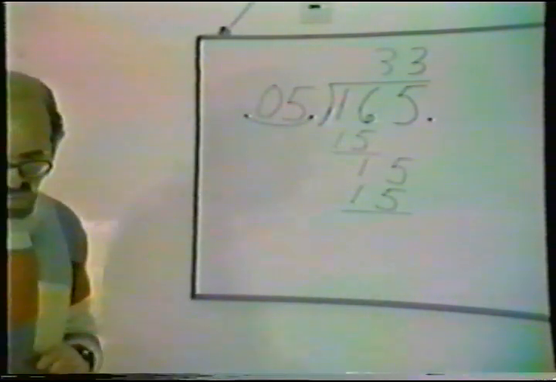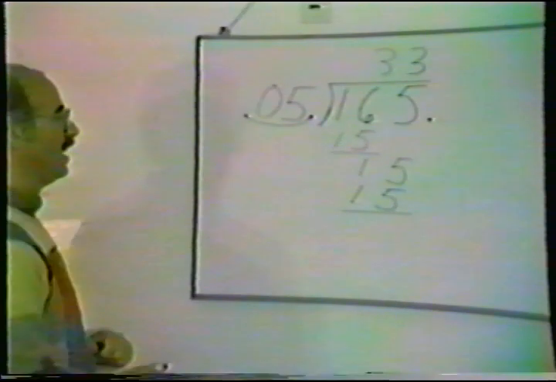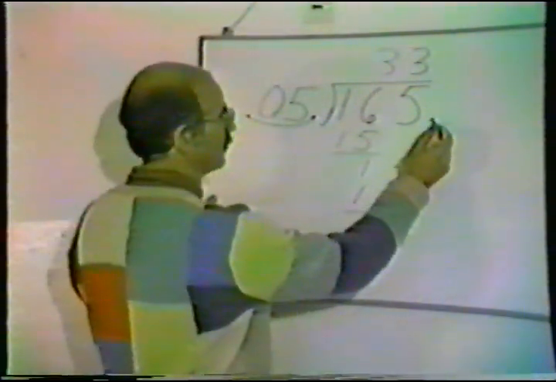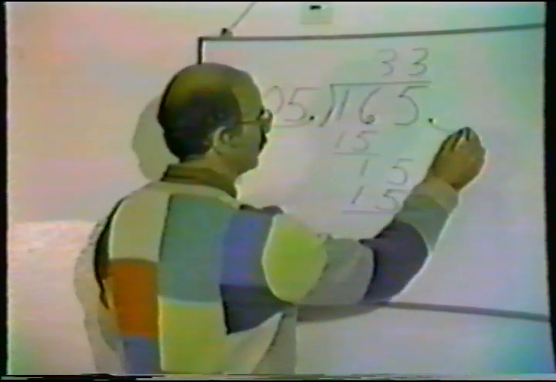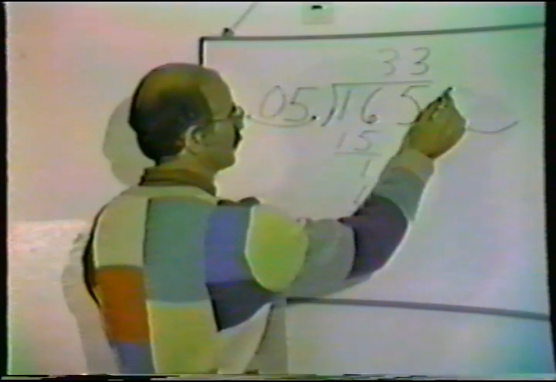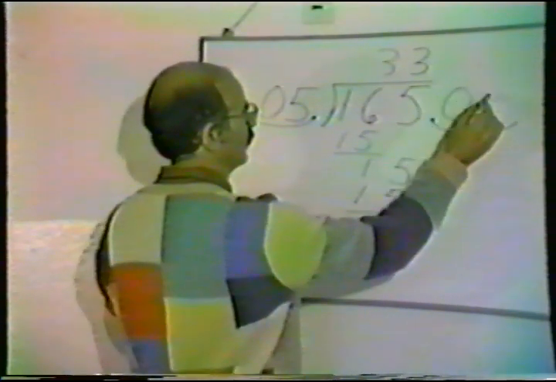The number is 165. This goes 2 places to the right, so this one must go 2 places to the right. What do I fill these places with? Zeros.